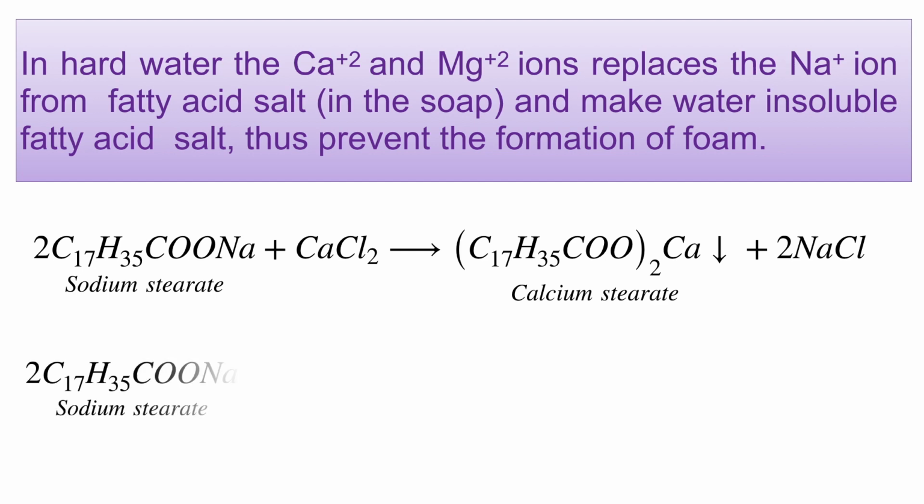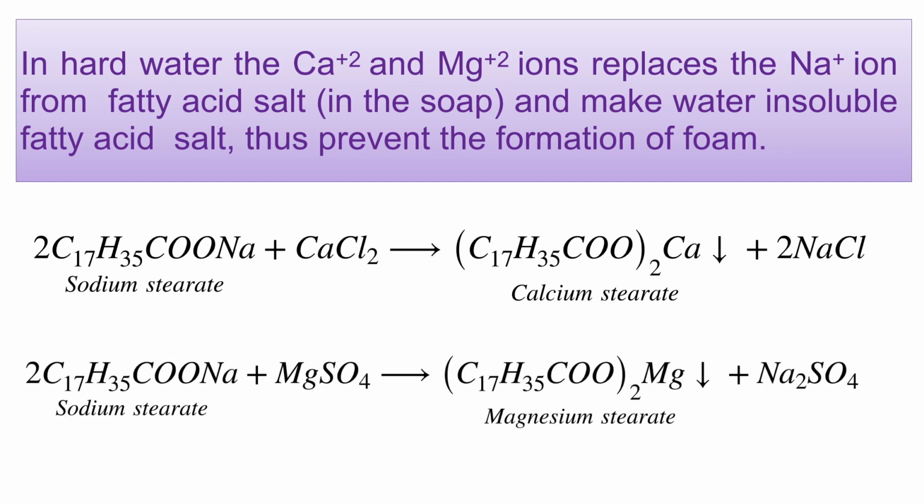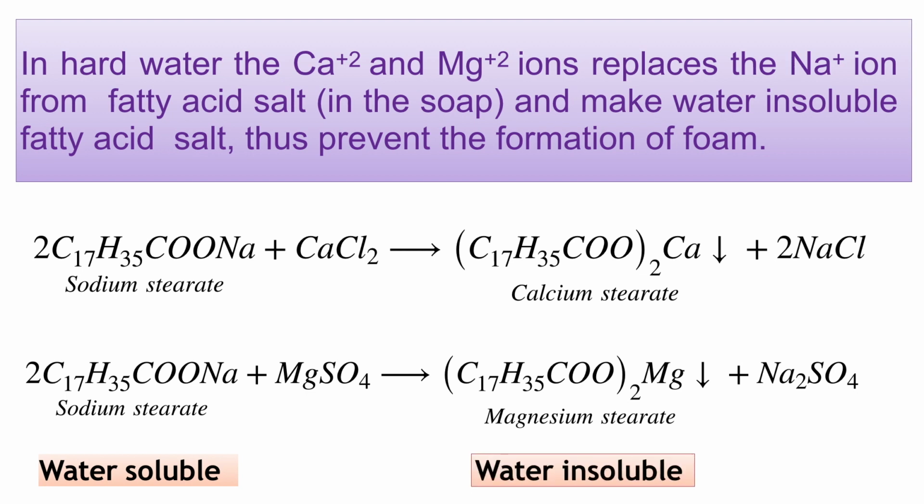So the whole point in this question comes from a single concept: the sodium salt of long chain fatty acids is water soluble. When you are using the soap in hard water, your hard water contains calcium and magnesium ions. Those calcium and magnesium ions replace the sodium ion from the long chain fatty acid salts.